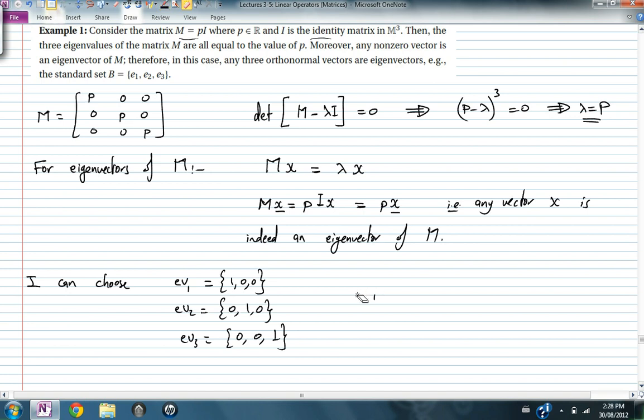So from this you see that the eigenvectors are orthonormal. Each has a length of 1 and they're all perpendicular to each other. Okay, so this is the first example. You will find a few other examples in your book.